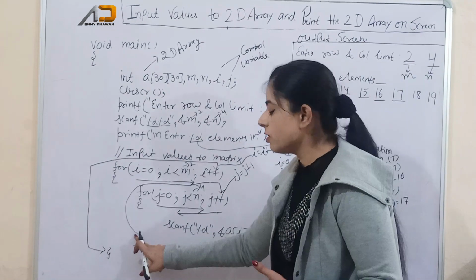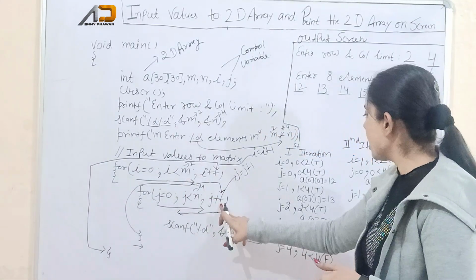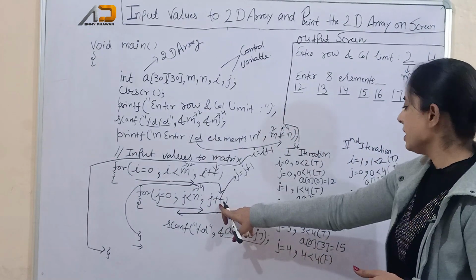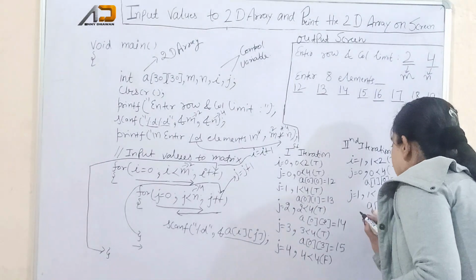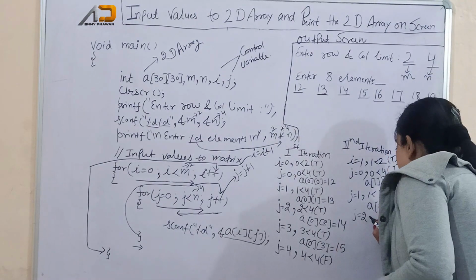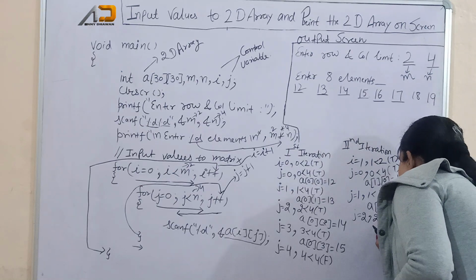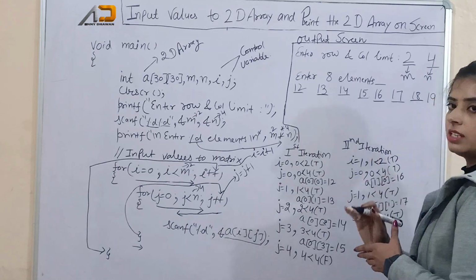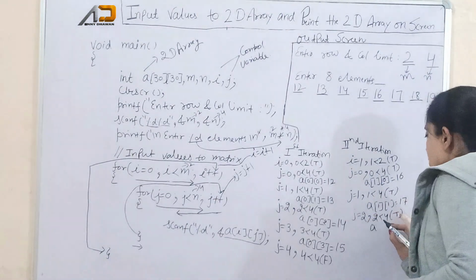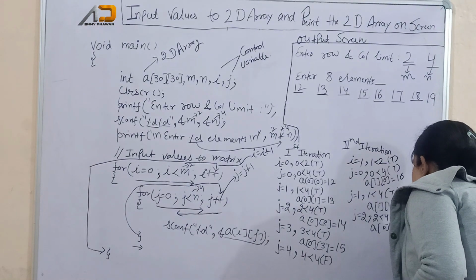So again from this point, control will be moved to this part. j value will be again incremented by 1. It means to say j will be 2 here now. And again the condition will become true, and this 18 will be assigned to variable a of 1, 2.